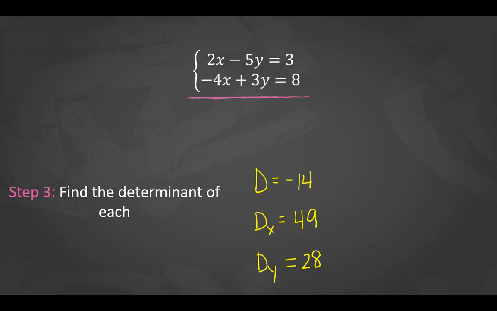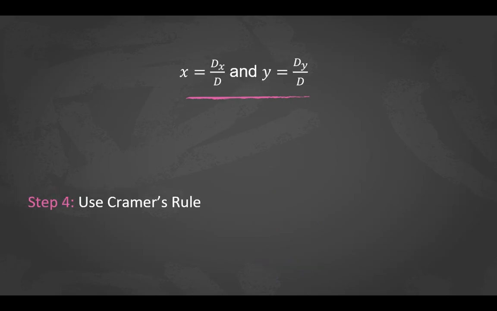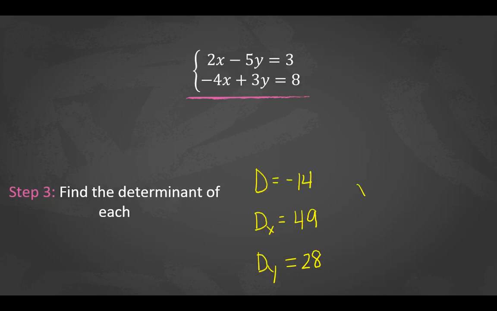Cramer's rule tells us that x is equal to dx over d and y is equal to dy over d. So I'm going to flip back a second. To get x, we're going to put dx over d, 49 over negative 14, which is negative 7/2.